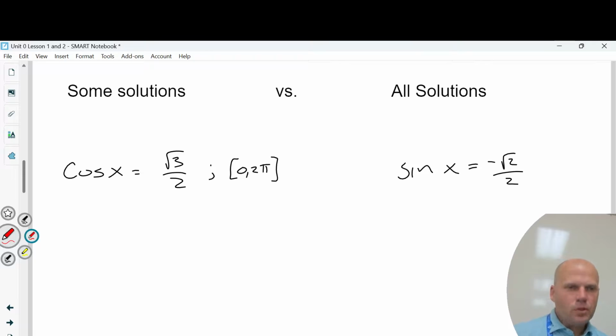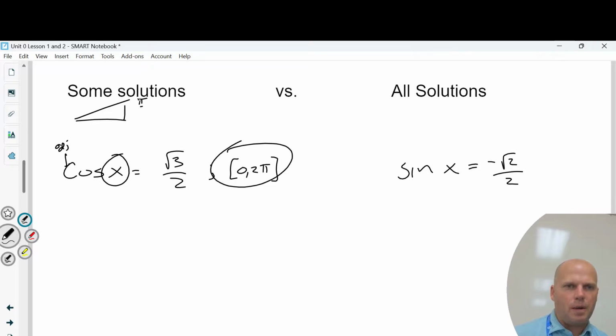Cool. Sometimes we're going to ask you to find all solutions. Sometimes we'll ask you to just find the solutions between 0 and 2 pi. Say I ask you what are the angles in which the cosine of the angle equals root 3 over 2. Well, cosine is the adjacent. The adjacent is always the horizontal. Here's my horizontal.